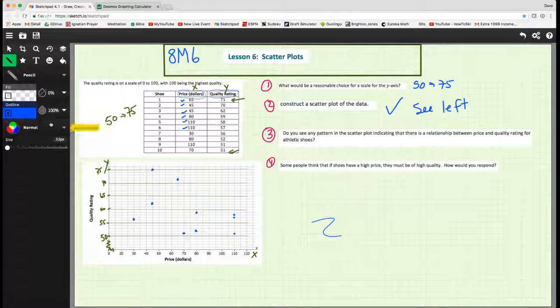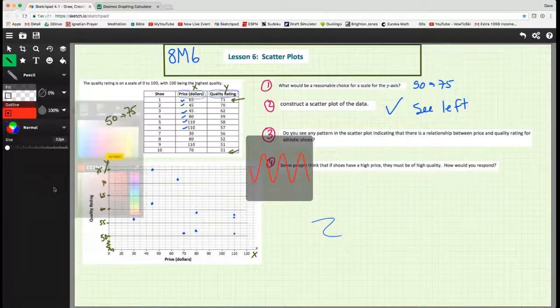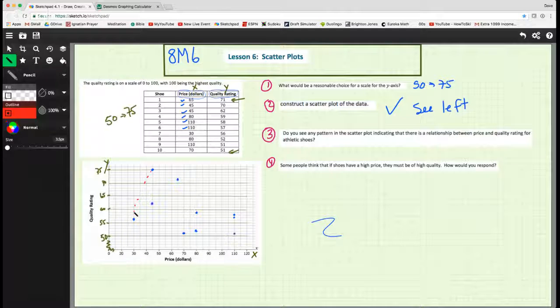So here's what we want to do. One way to do this is we can kind of make a little dotted line around all our points. And see, well, what kind of line would go down the middle of this one and be a nice fit? Well, I think it would be something like this.